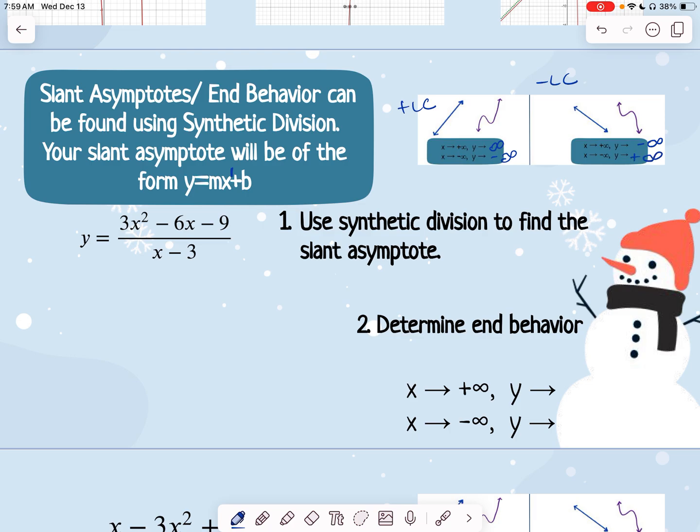Okay, so when we notice that the numerator is one degree bigger than the denominator, we're going to use synthetic division. This isn't the funky one that we were doing yesterday.